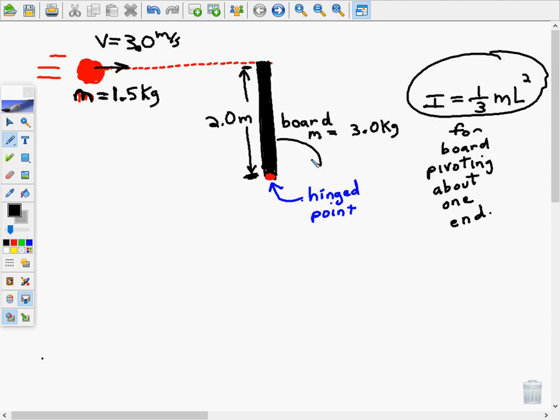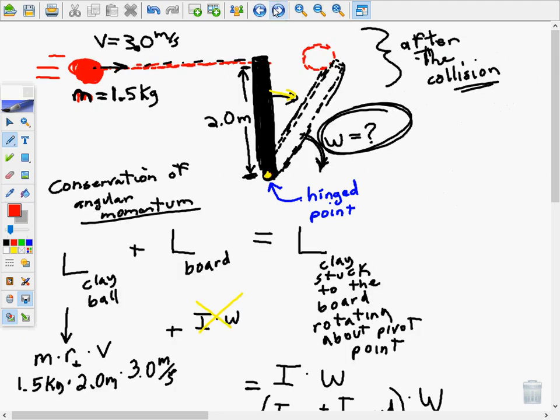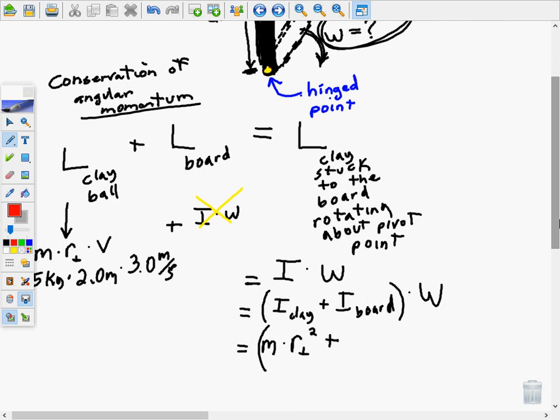If you have a board swinging around a point right here, the moment of inertia, the amount of rotational sluggishness about that point, is calculated by this formula right here. If you take AP Physics C next year, you'll actually derive that formula using calculus. So we're going to use that formula way down here. And this is going to be 1/3 the mass of the board times the length of the board squared. That all times the final angular velocity as it swings open.